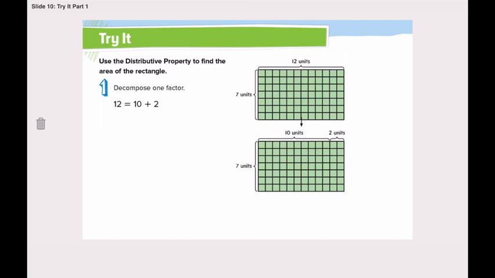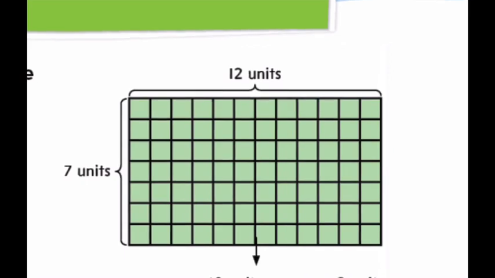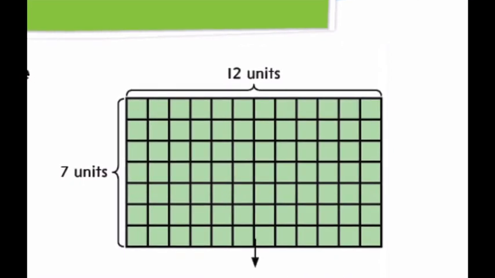Now, moving to page 792. We will use the distributive property to find the area of the rectangle. The rectangle has a length of 12 units and a width of 7 units.